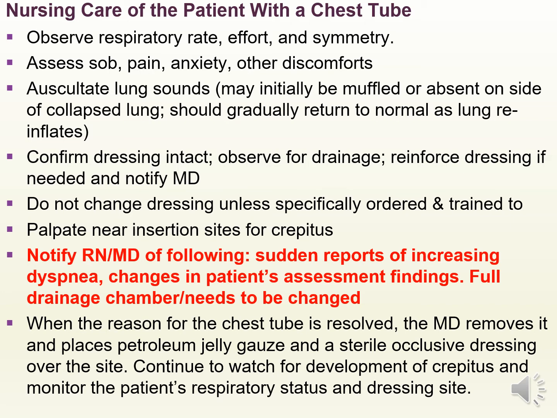A full drainage chamber needs to be changed. When the reason for the chest tube is resolved, the doctor will remove it and place petroleum jelly gauze and a sterile dressing over the site.